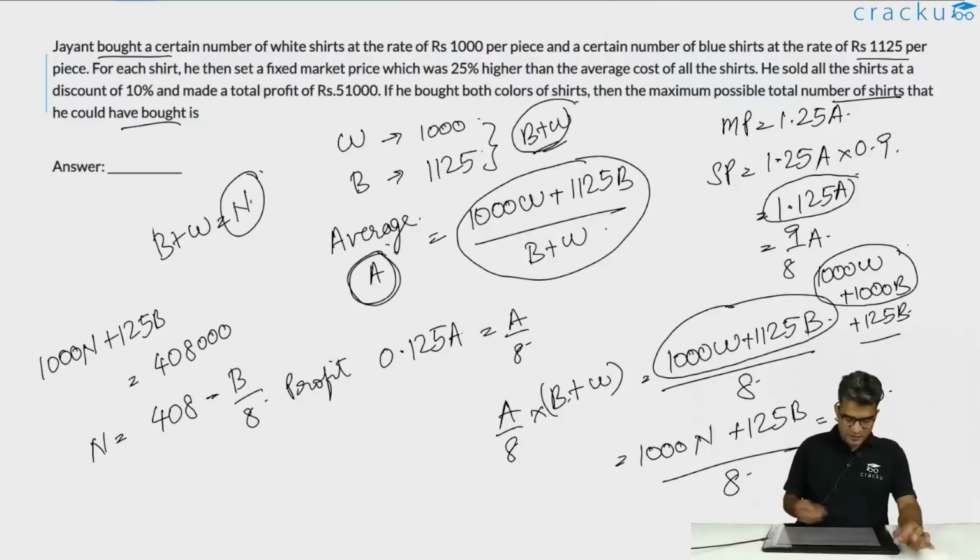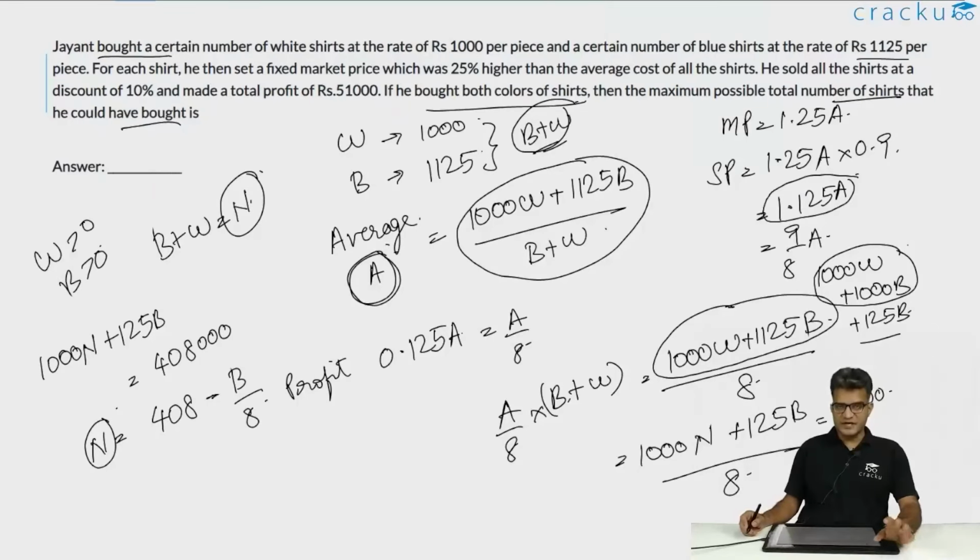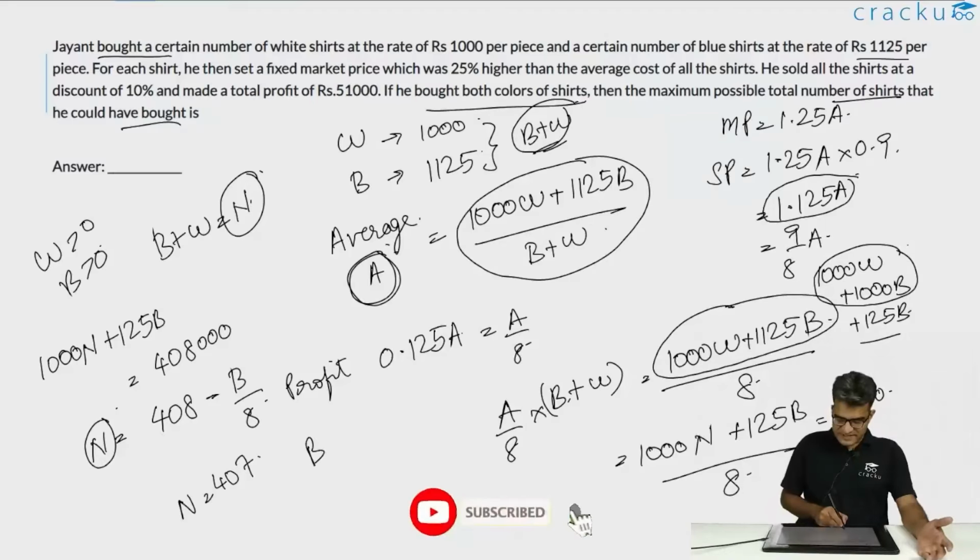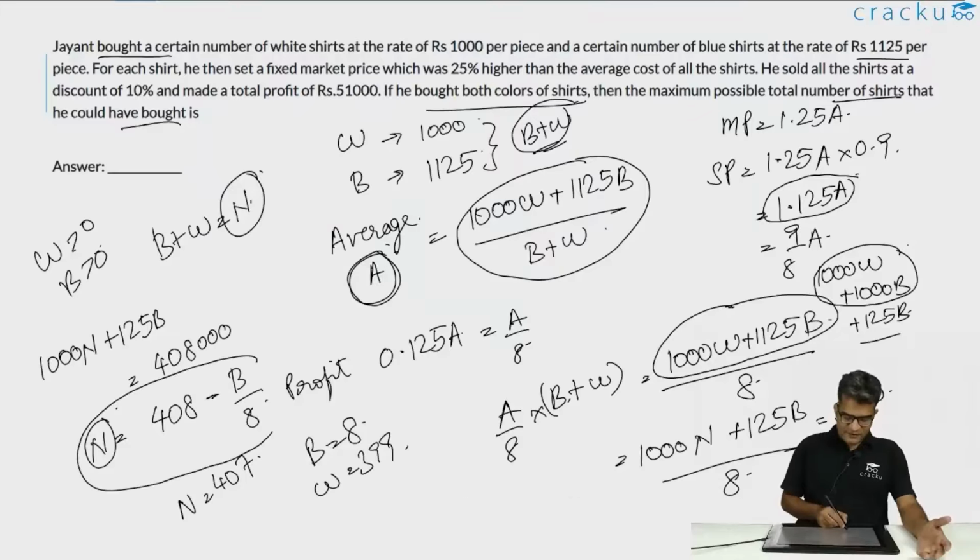So the maximum possible value of N, because W is greater than 0 and B is greater than 0, we are told that he bought both colors of t-shirt. So B cannot be equal to 0 and we want both of them to be natural numbers. This would imply that the maximum possible value of N will be equal to 407. This will happen when B is equal to 8 and W will be equal to 399. In this case, N will be 408 minus 1, which is equal to 407. That will be the answer.